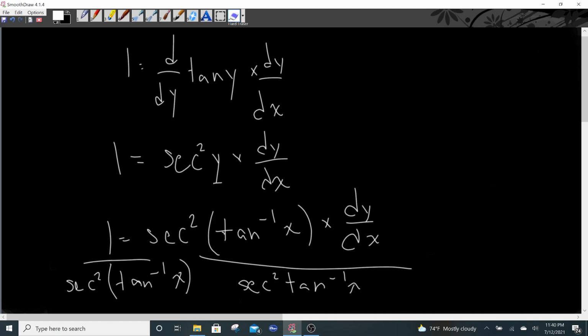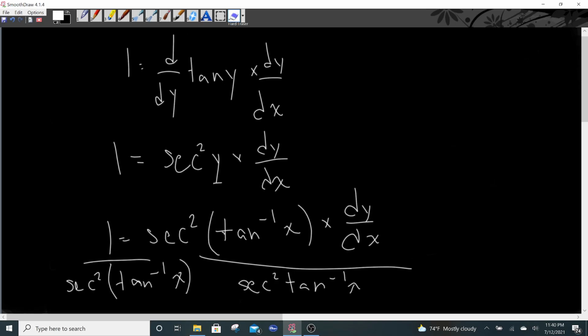Secant squared, I'll use an a this time, I feel like x might have been a tad confusing, is equal to tan squared a plus 1. That's just a trig identity. I might do some introduction to trigonometry video and find some proofs of these identities, because honestly I have no clue.